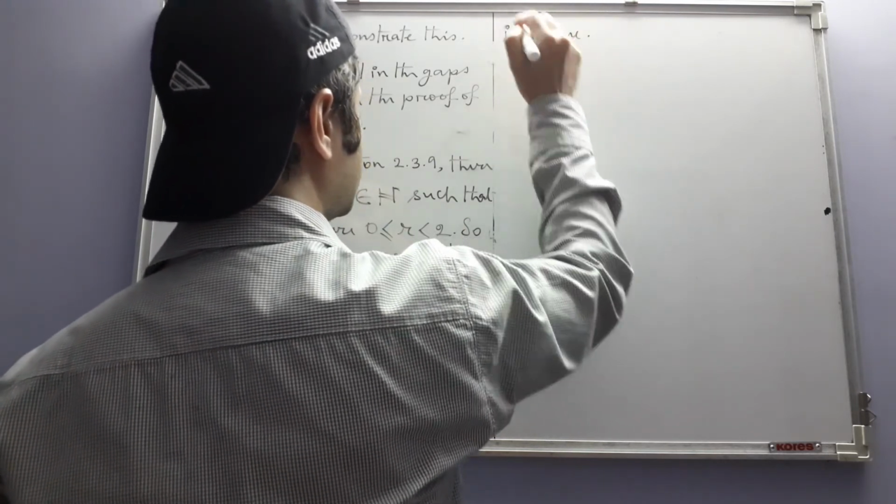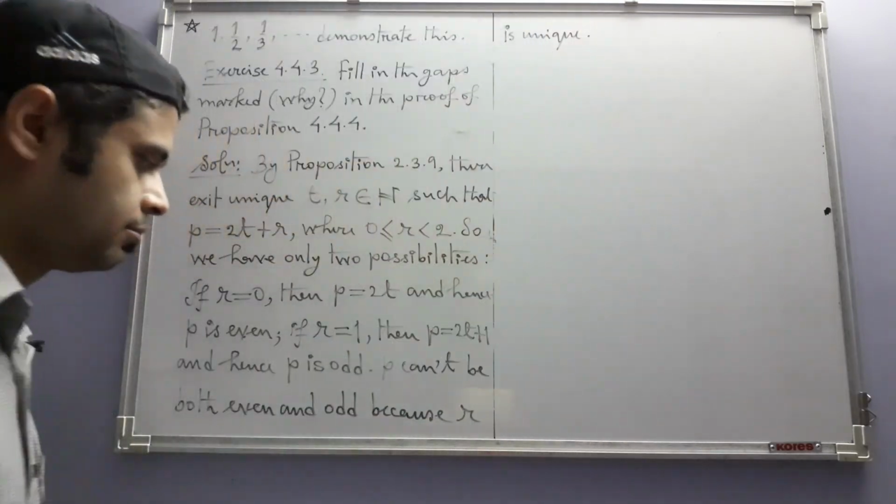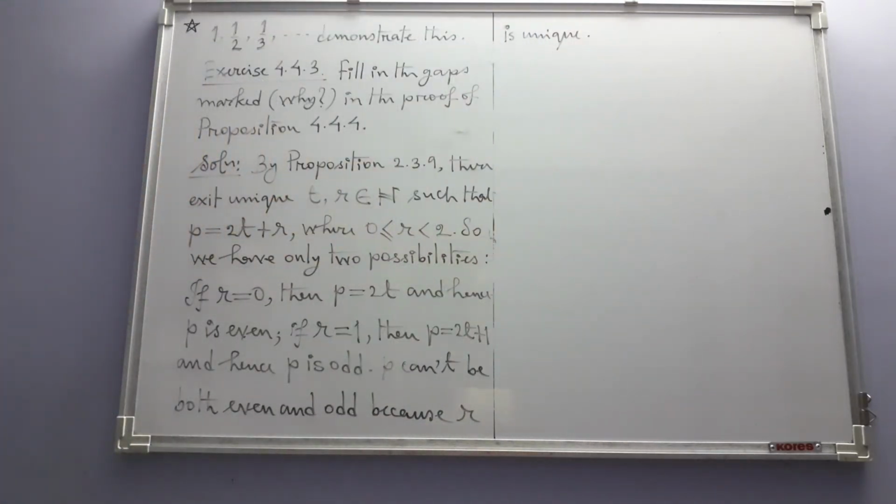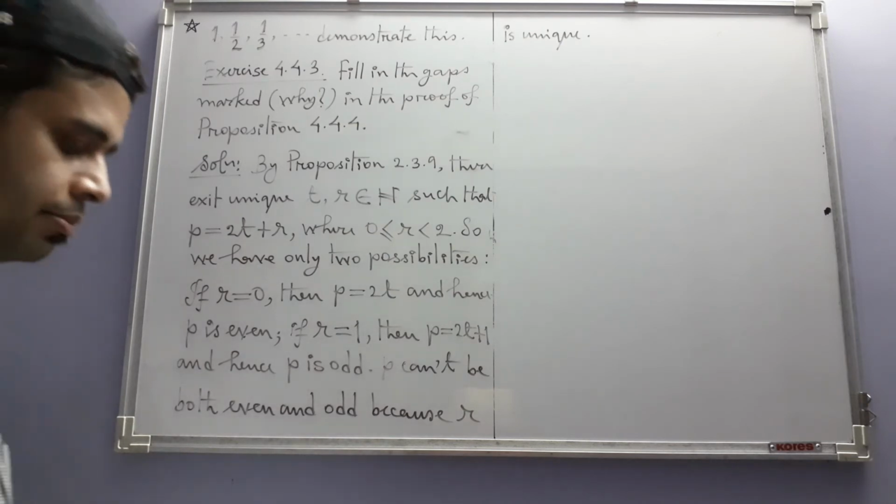So uniqueness of r prevents an integer from being both even and odd at the same time.